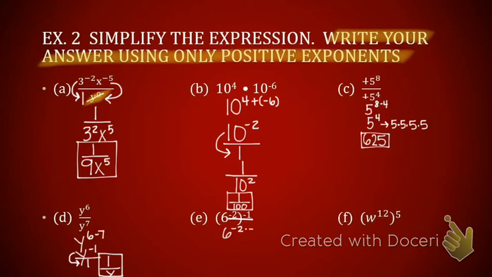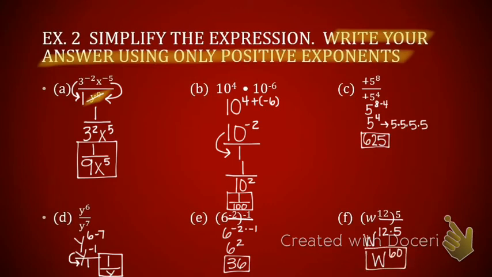So negative 2 times negative 1 gives me 6 to what power? 2. Which equals 36. Awesome. How many of you had 36? Great. And then letter F, what was the property you used? Power of a power again. So you had to do what with 12 and 5? And that gave you a final answer of? W equals 60. All right.